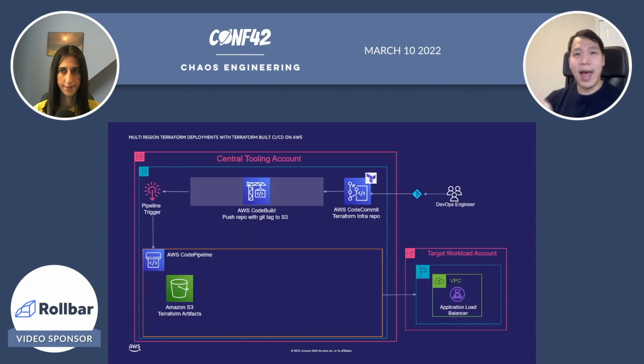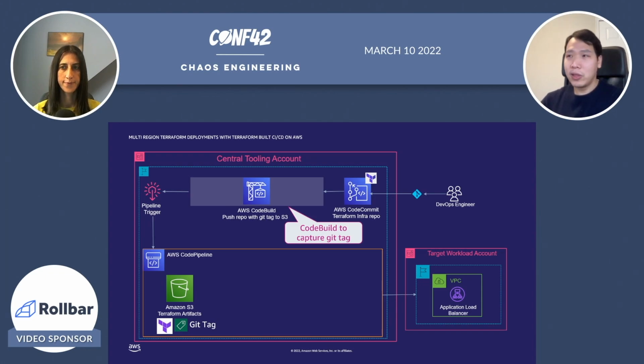Let's take a look into how we capture that information in S3. The magic here is AWS CodeBuild. It is triggered when the DevOps engineers Git tag the repo. That action would trigger a CodeBuild, which in turn grabs the information from the CodeCommit repo. That's the Terraform code. It also gets the Git tag information, bundles it, and puts it into the Amazon S3 bucket. And that in turn would trigger the pipeline to run.